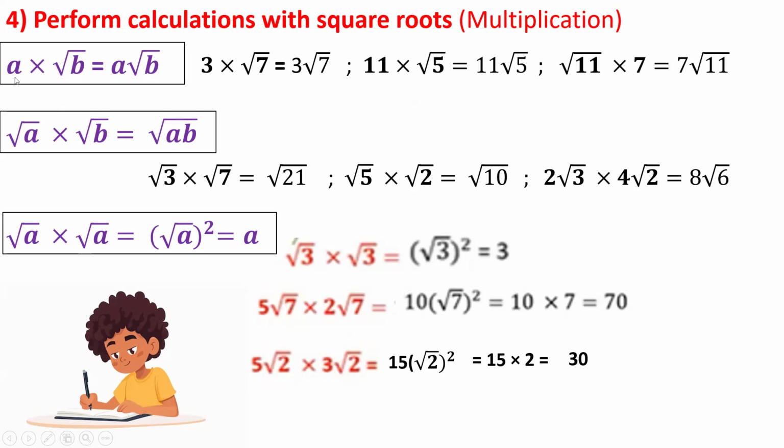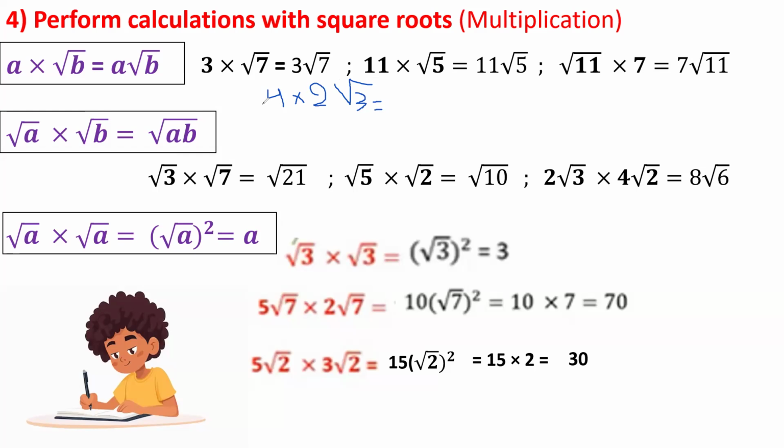Suppose we have, for example, 4 times 2 radical 3. We have a number multiplied by a radical, and the radical has a coefficient in it. Then how can we multiply this?